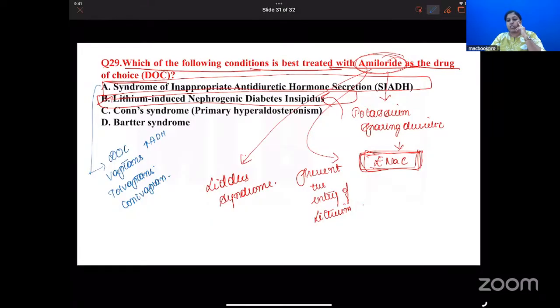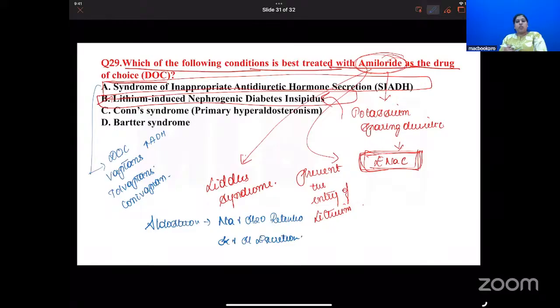Again, in Conn's disease, what is Conn's disease? Excessive aldosterone secretion. What does aldosterone do? Aldosterone causes sodium and water retention, and on the other hand, potassium and hydrogen excretion.